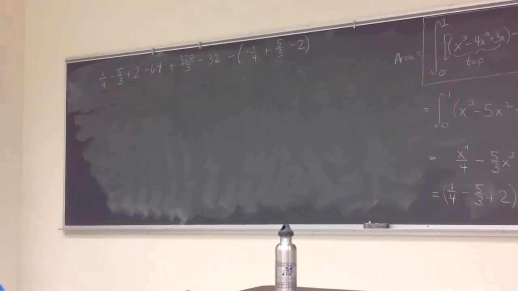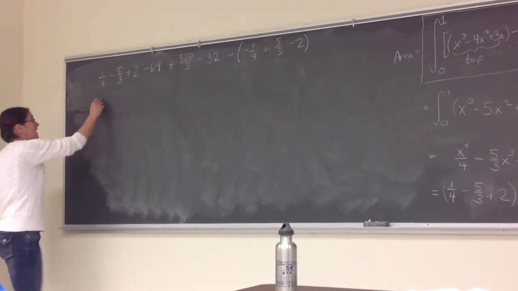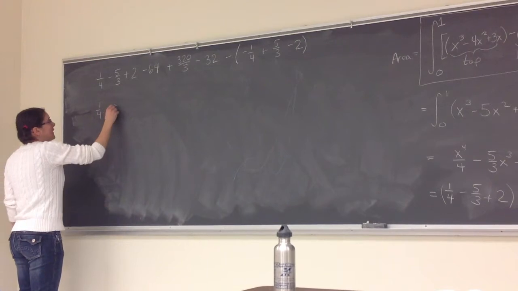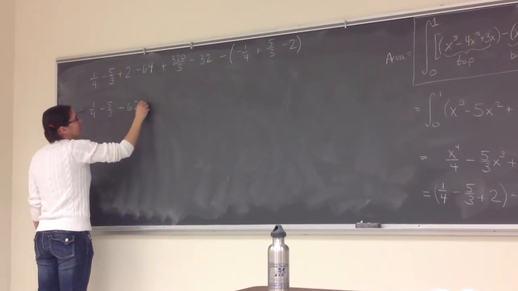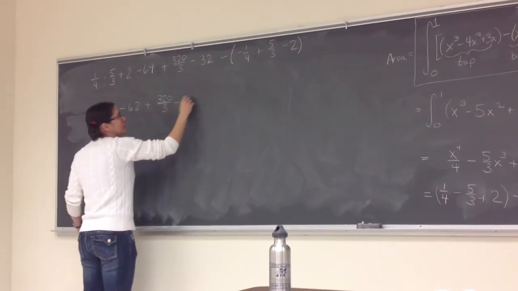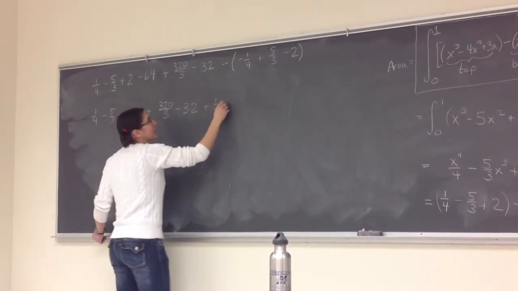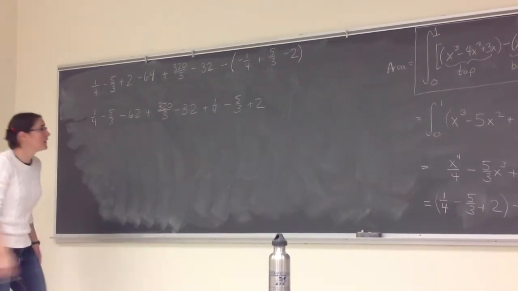Alright, so this is a lot of number crunching here in the end. So working out these numbers, I've still got a quarter minus 5/3 plus 2 minus 64 is minus 62 plus 320 over 3 minus 32 plus a quarter minus 5/3 plus 2.